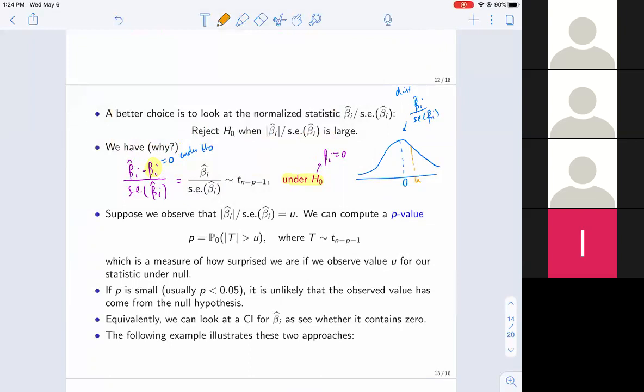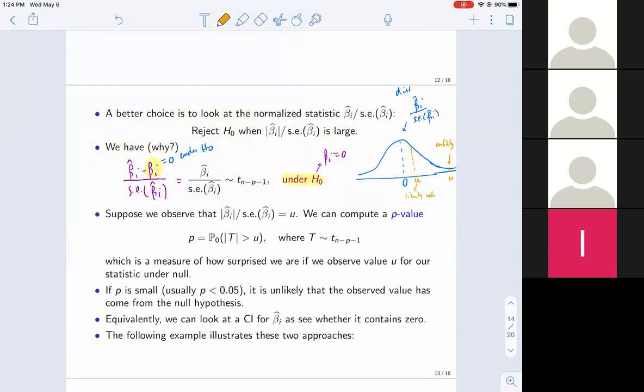You would expect this to happen. But if I compute this, and it turns out that U is in fact here, this is a likely value. If U is there, this is unlikely, far in the tail.